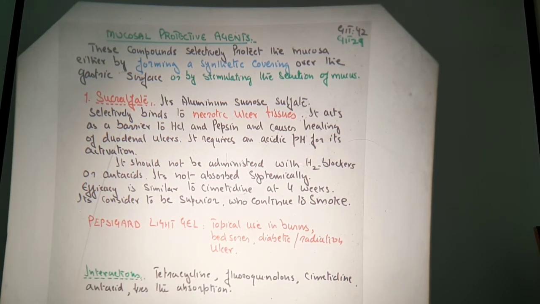So it should not be administered with H2 blockers or antacids, because H2 blockers and antacids decrease the formation of HCl, whereas sucralfate shows its effect in acid. So when there is blockage of the H2 receptor or antacids are administered, there is no acidic pH in the stomach, and there is no formation of this sucralfate layer.